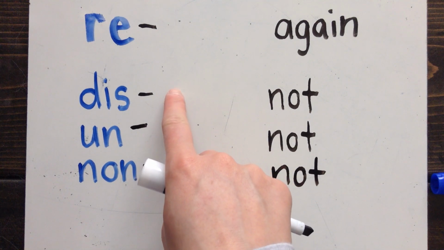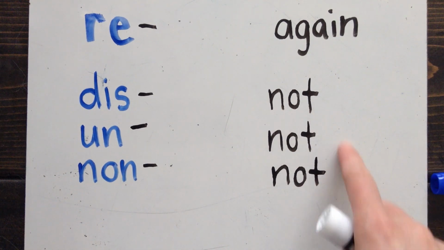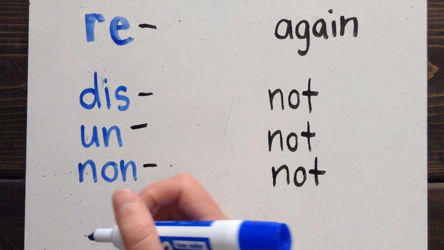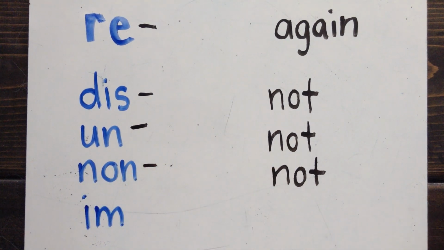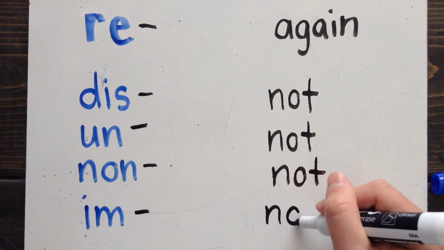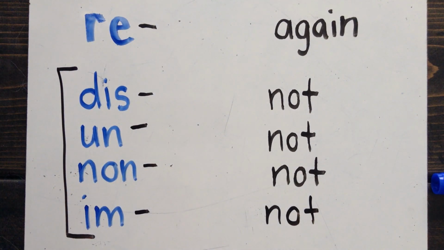That means if you see any of these prefixes added to a root word, they make the meaning different in that it now has not as a part of the meaning. There's another one too that also means not. If you ever see im, that also means not. 4 different ways of adding the meaning not to a root word.